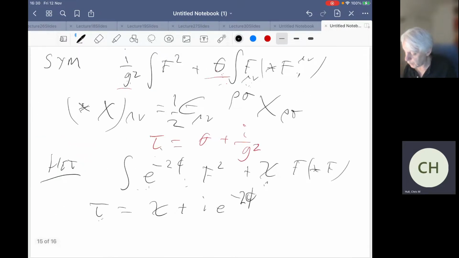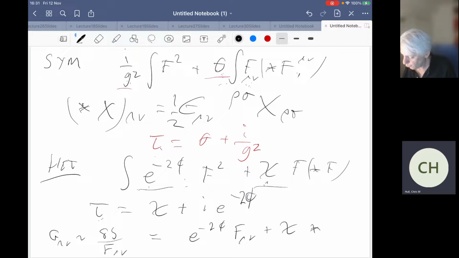And if you look at this action, because there's this term in the action, if we define G mu nu as dS by dF mu nu, we see that this is equal to e to the minus 2 phi F mu nu plus chi star F mu nu.